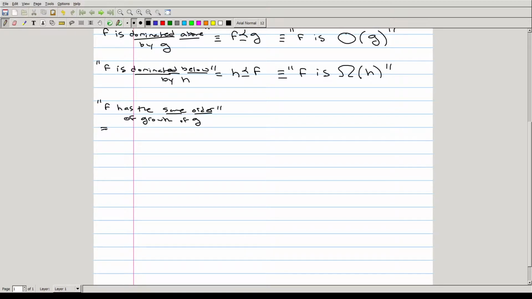By the way, to make things a little bit more clear, I'm using a different function, I'll say L. This is the same thing as saying that f is bounded both above and below by the function L.